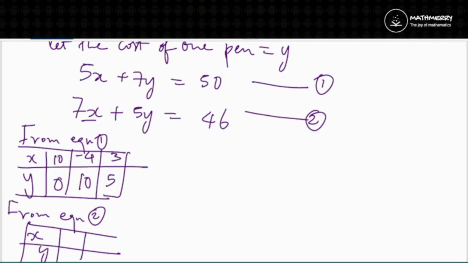So here y should come as minus 2 so that it will become 46. So here 8 and minus 2 is 1 point, and we can take 3 and 5 also, and minus 2 and 12.